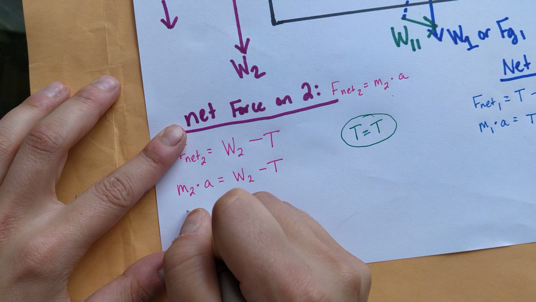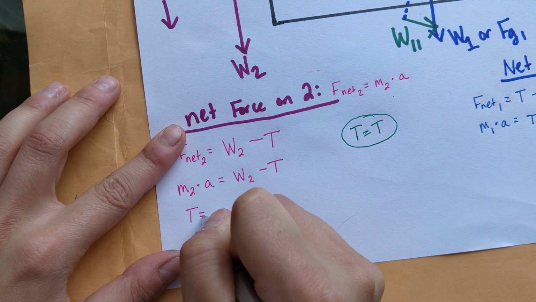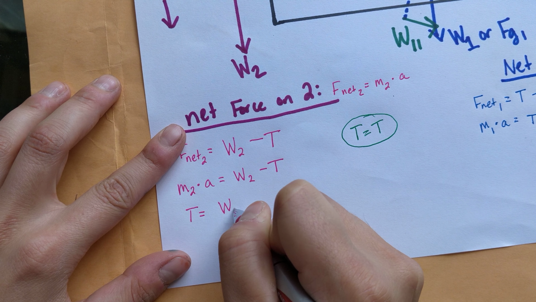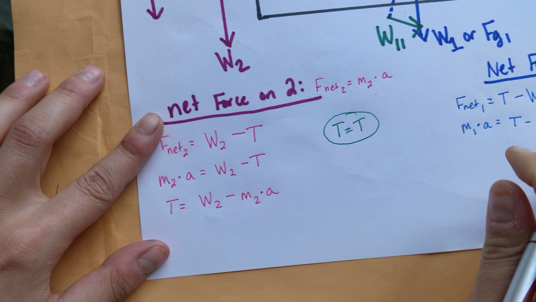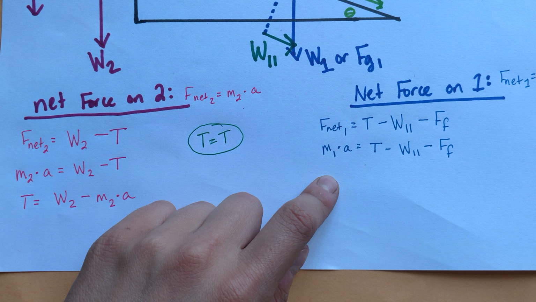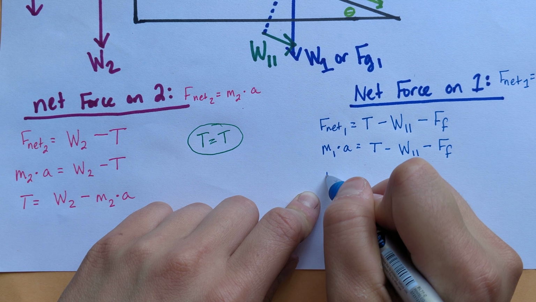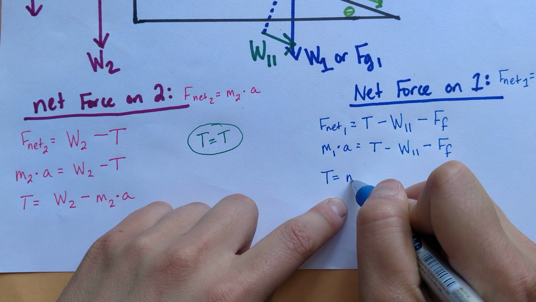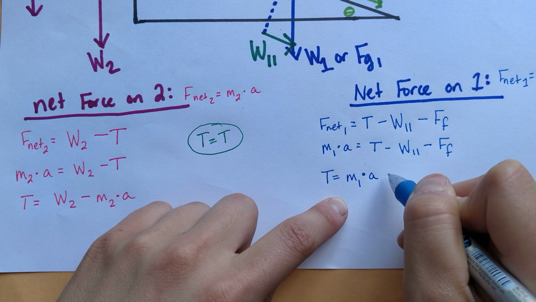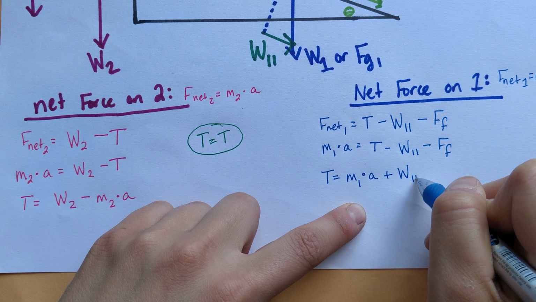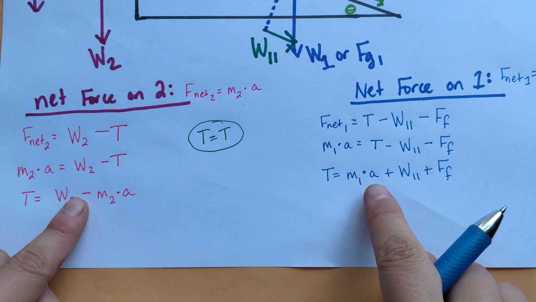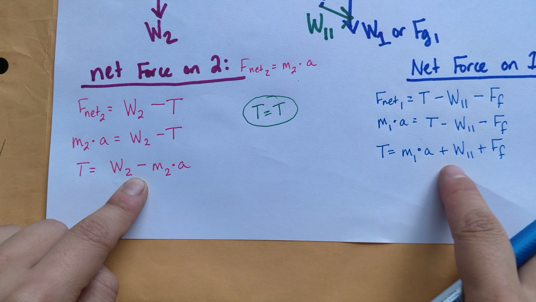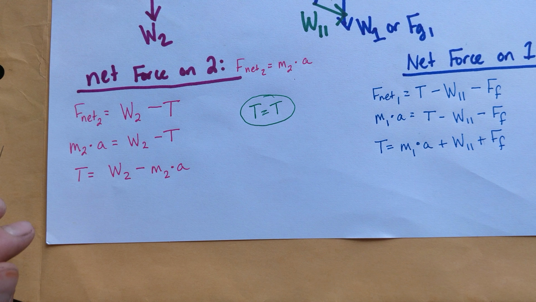So from here I have tension equals W sub 2 minus m sub 2 times A. And over here I will rewrite this as tension equals m1 times A plus parallel component of weight plus force of friction. Now tension is tension, so we'll set these two equations equal to each other.